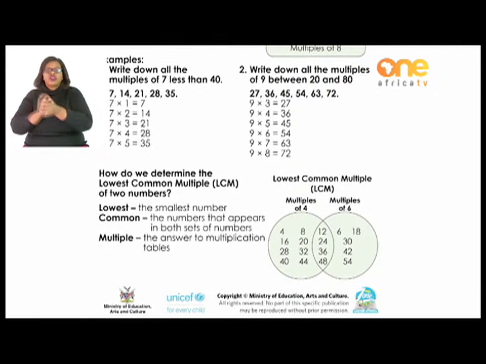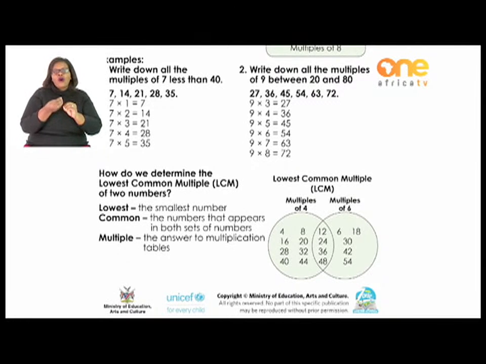And the multiples of 6 are 6, 12, 18, 24, 30, and it continues. We see the common multiples are 12, 24, 36, and 48. If we have to find the lowest common multiple, the smallest of the numbers we find in both sets, we will see that 12 is our LCM.